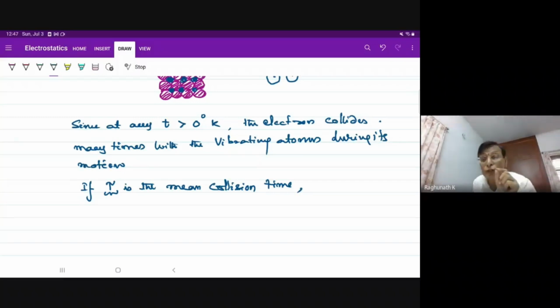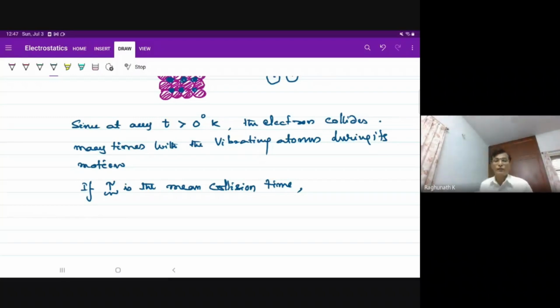Acceleration into time is change in velocity, is velocity. Acceleration into average time, only during this average interval it gets accelerated because it is free.